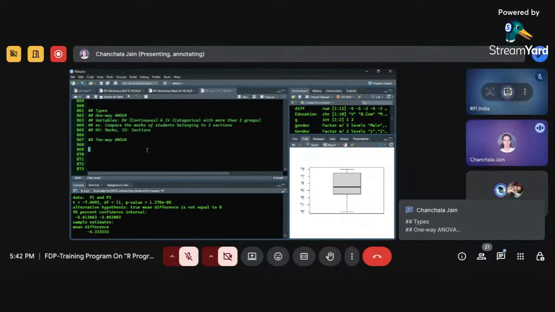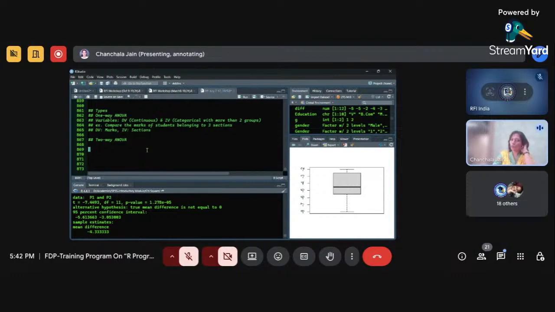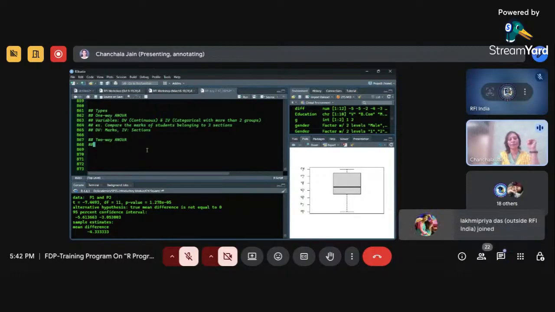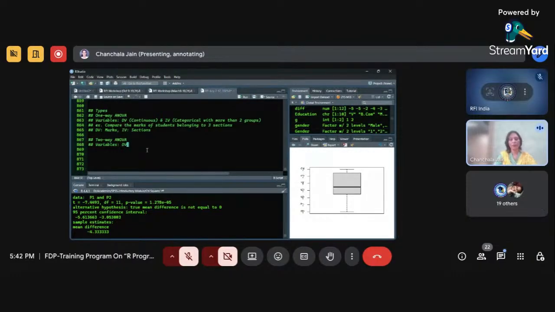Now we are talking about two-way ANOVA. One-way ANOVA is clear. In two-way ANOVA, again the purpose is to compare the means, right? But in two-way ANOVA, we will have a two-way type of table, meaning we will have a total of 3 variables: the DV and 2 IVs.